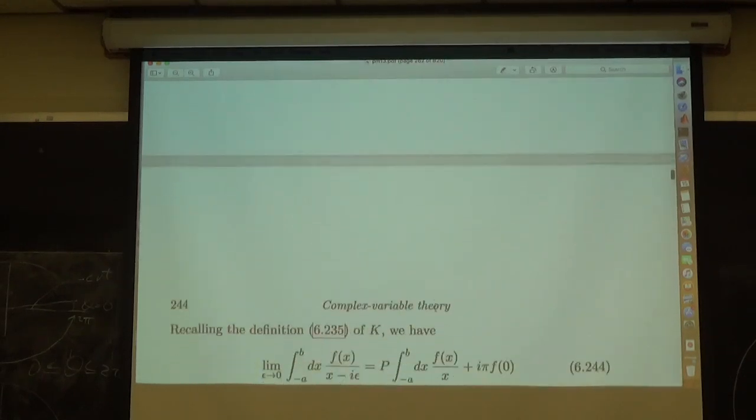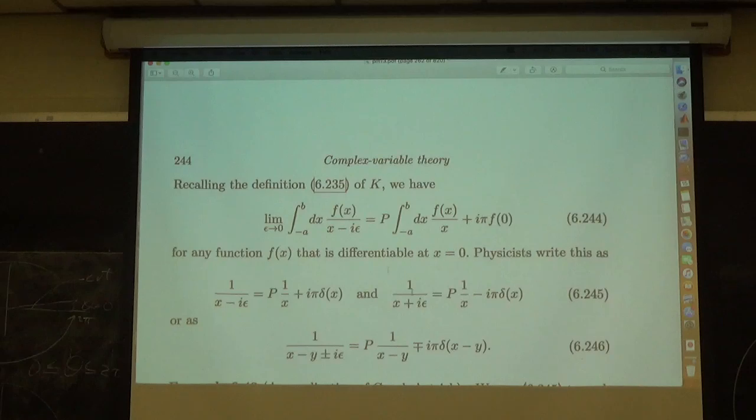Another way of thinking about it is that the limit as epsilon goes to 0 of this integral is the principal value of the integral plus i pi, the value of f at 0.